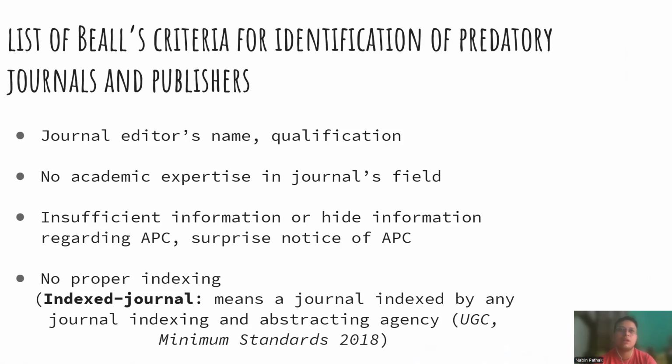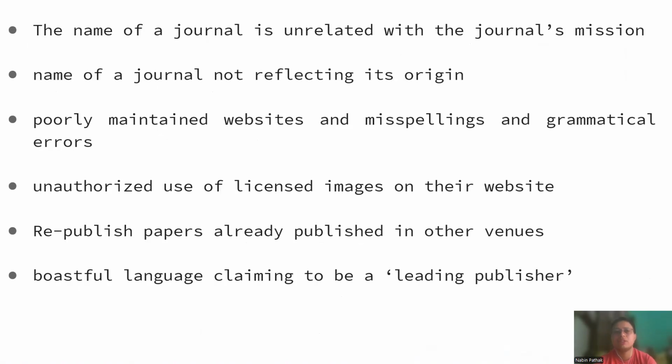And if the journal is not properly indexed in the so-called databases, it creates doubt that it might be a predatory one. Similarly, the name of the journal is not related to its mission, the name of the journal does not reflect its origin, the website is poorly maintained, and there are misspellings and grammatical errors.